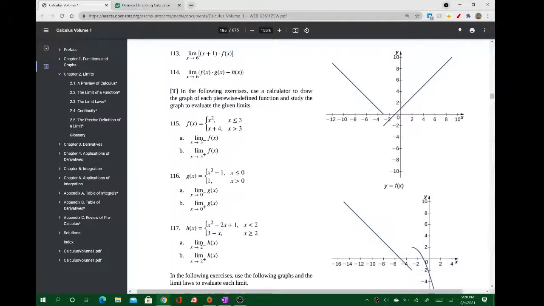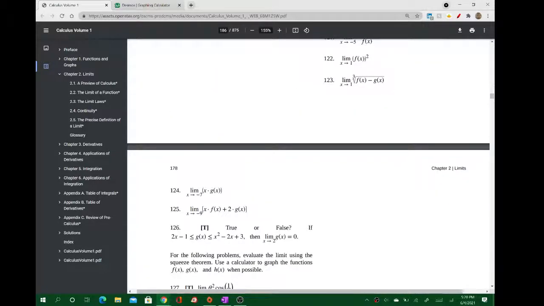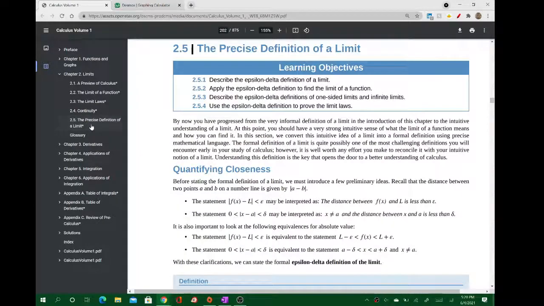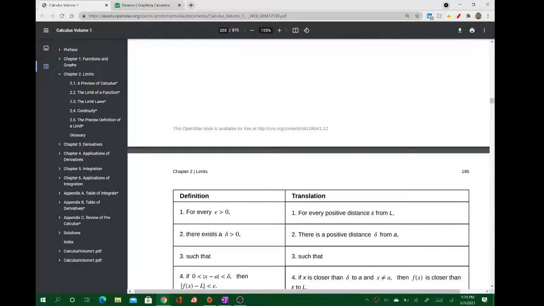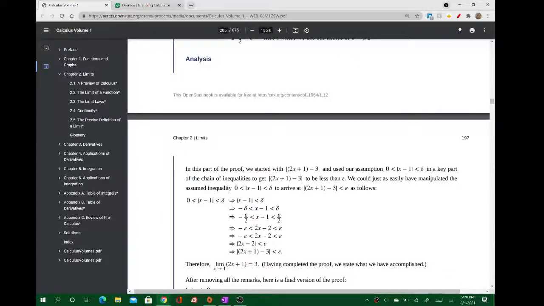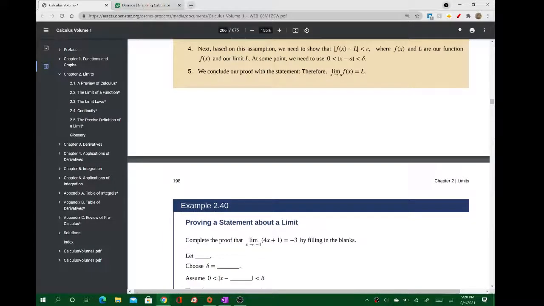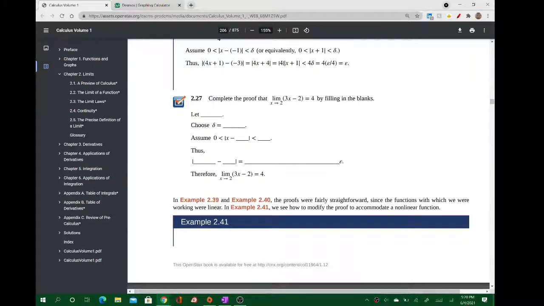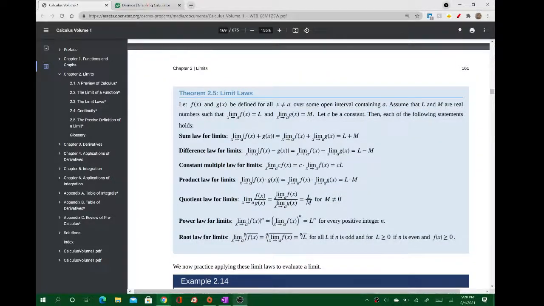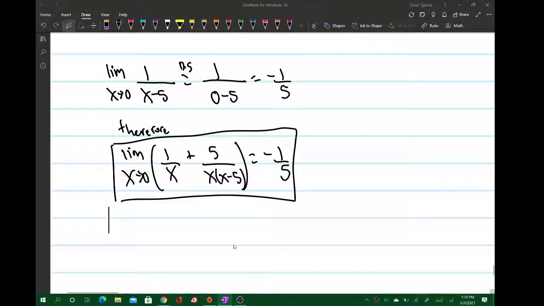I'm not sure why they do not cover it here. I don't know if this book actually goes through trigonometric limits in 2.5.